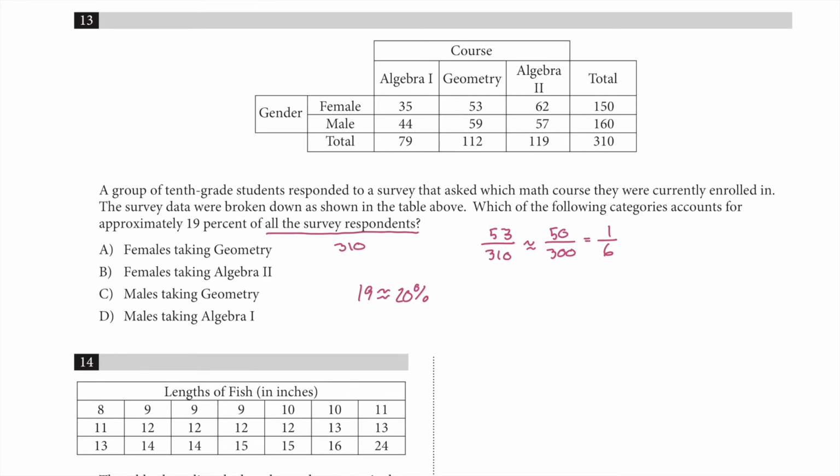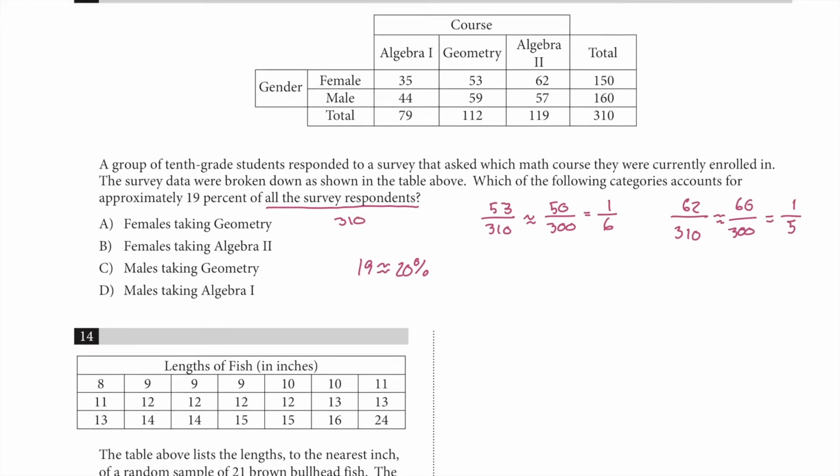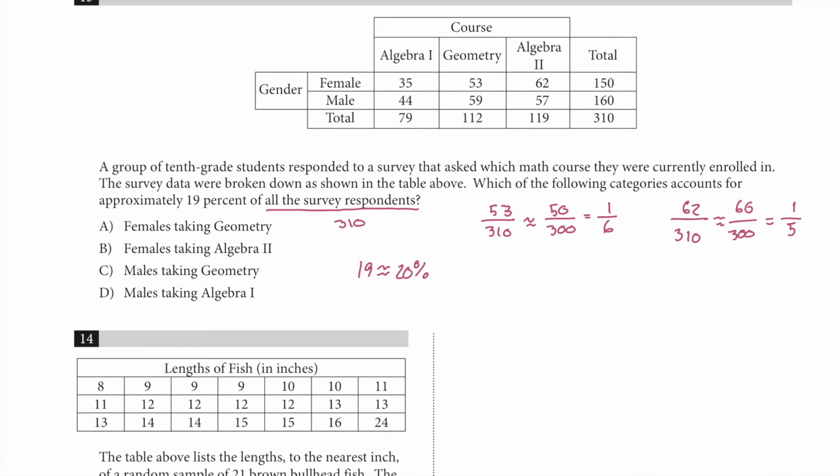Then we have females taking algebra 2, which is 62 over 310, which is approximately 60 over 300, which is 1/5. That satisfies what we're looking for, but we just want to make sure there's not a more specific or closer answer because we're just taking the approximate values.